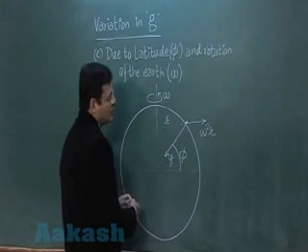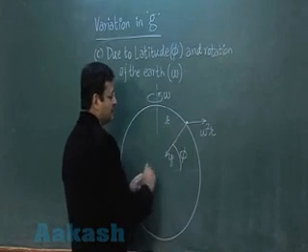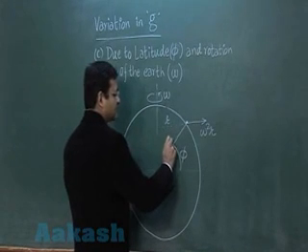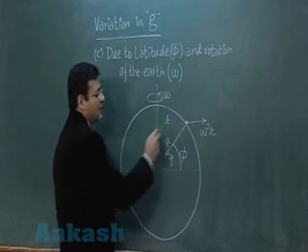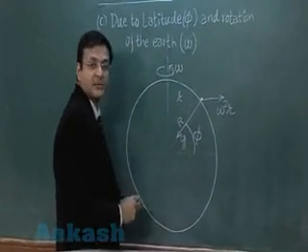Now if the radius of the earth is capital R, the entire radius is capital R, then you can express this small r in terms of phi.